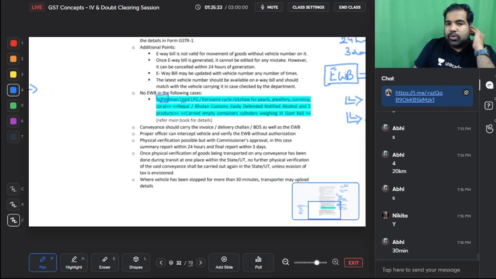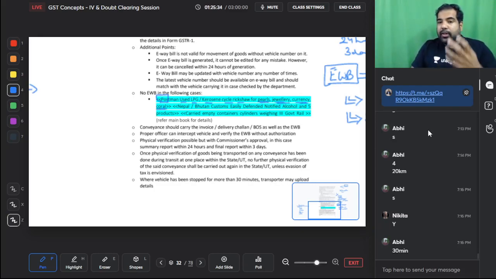Postman, used, LPG, kerosene, cycle rickshaw, for pearls, jewelry, currency, coral. So pearls, jewelry, currency, coral are very precious and hence don't generate e-way bill, they might get robbed. Cycle rickshaw, kerosene, LPG, used goods and postal goods, no e-way bill.